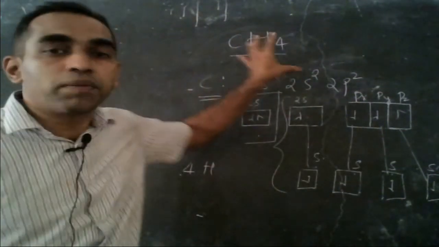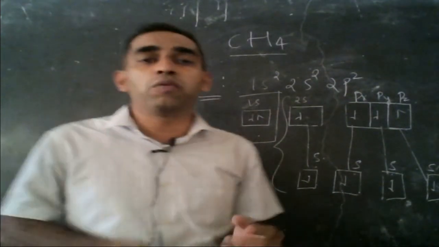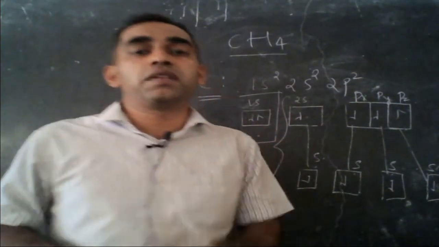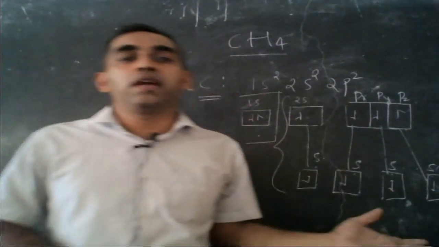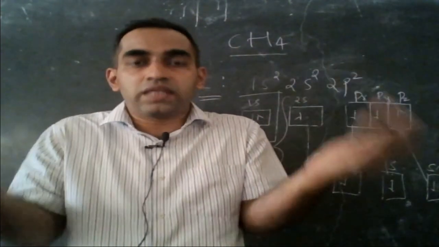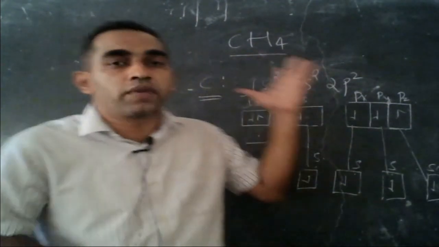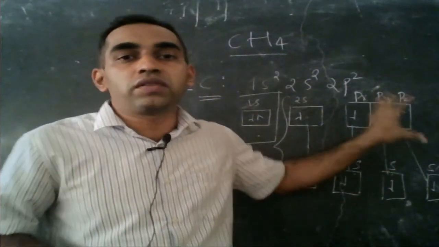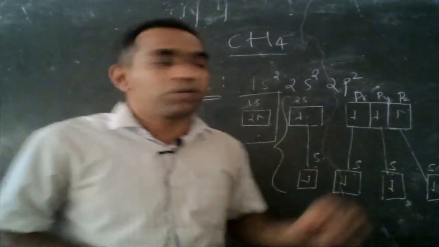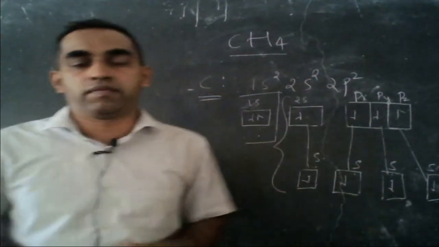This simple example, CH4, explains why the concept of hybridization is very important, and why VBT or molecular orbital theory alone cannot explain the structure of certain molecules. We need to consider hybridization before the formation of molecular bonding.